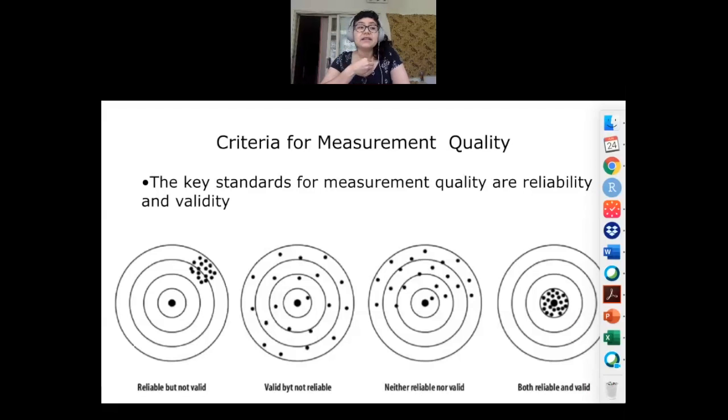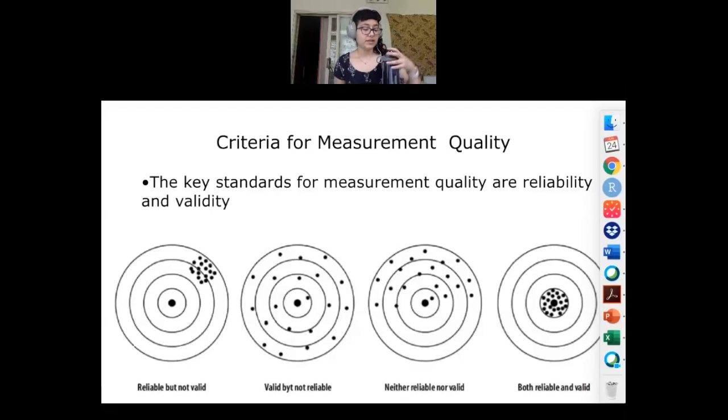When I gave the car example in the initial lecture on this, when something is reliable but not valid, an example is a car that's going 65 miles per hour, but the cop's speedometer is off by 10 miles, and it says the car is going 75 miles per hour every time it goes by. So it's reliable, it's consistently saying the same thing.